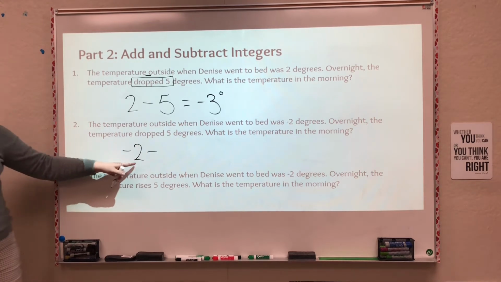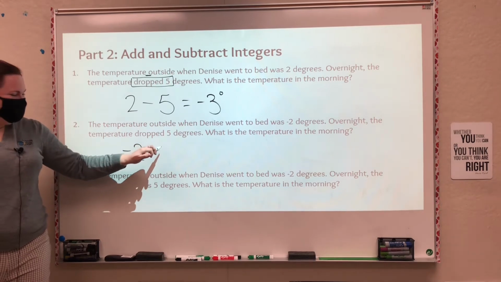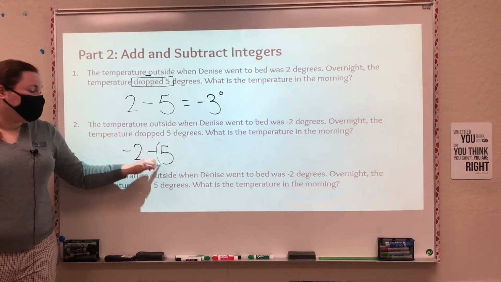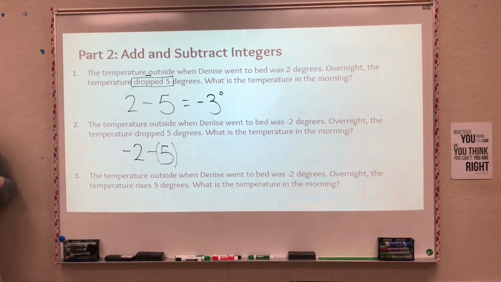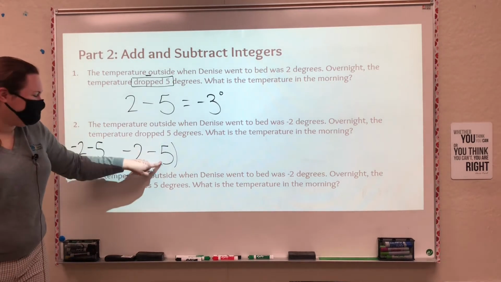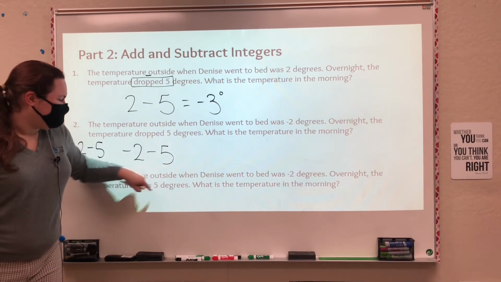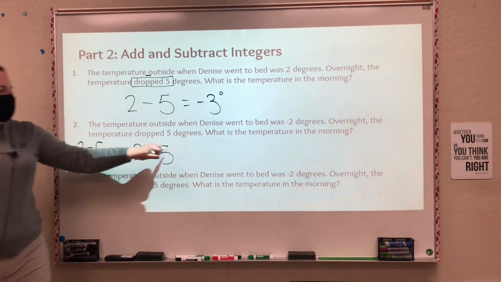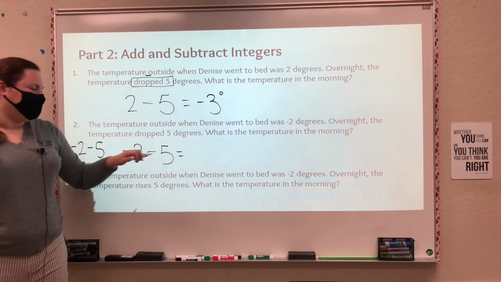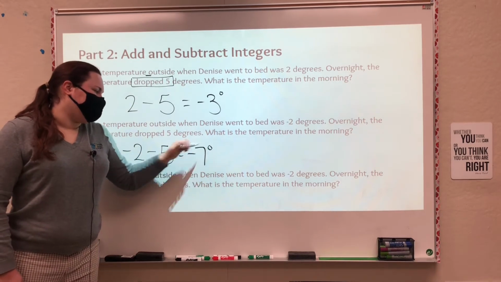So I got -2 minus 5. Okay. Could we put parentheses there? Does that say the same thing as this? Yeah, right? Do we need parentheses? No. So we've got -2 minus 5. Francis, I think I heard you say an answer, -7, which gives us -7 degrees.